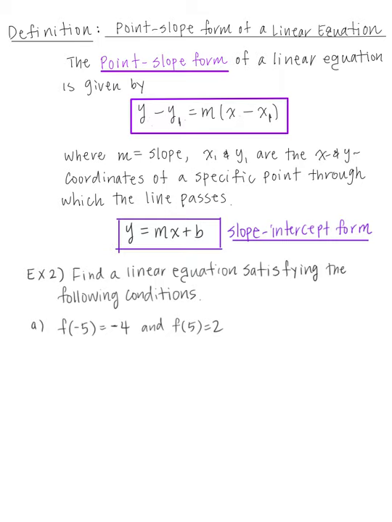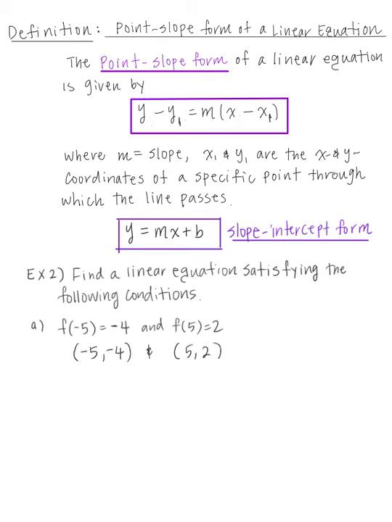So that means this is telling you when x is negative 5, our y value is going to be negative 4. And we can do the same thing for f of 5 equals 2. So that means when x is 5, our y value is 2.